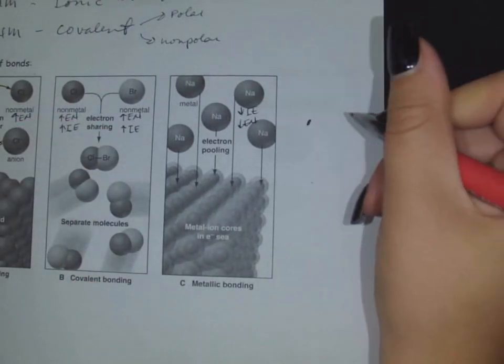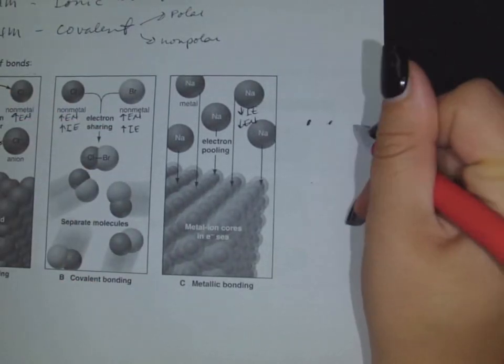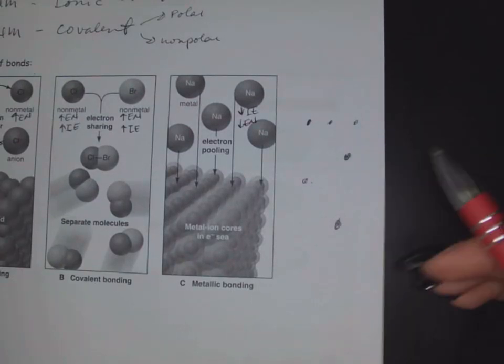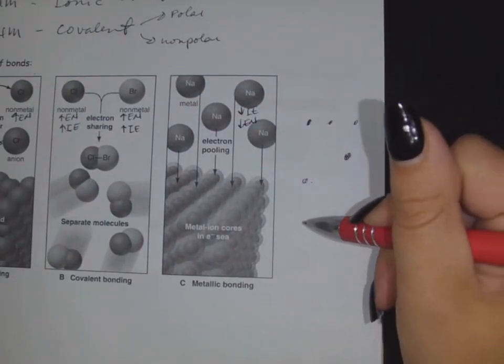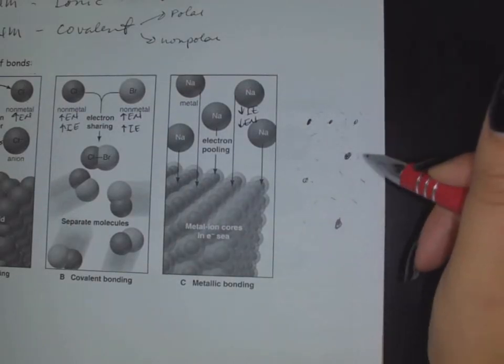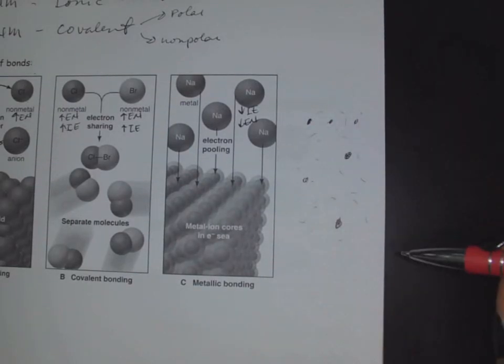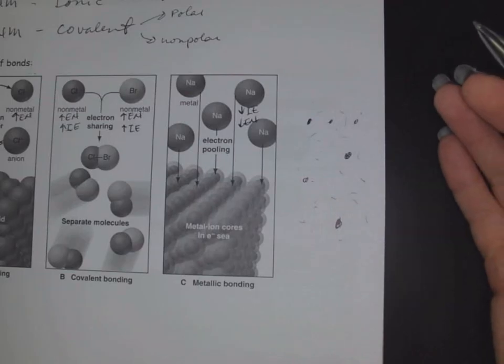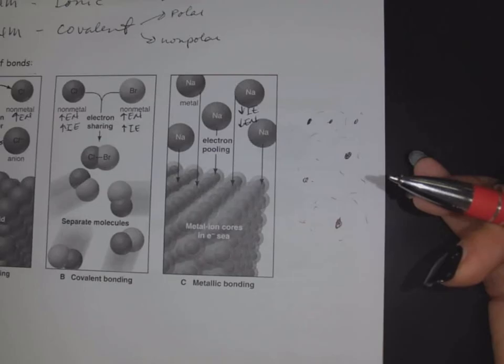Like, if these are the atoms, or really we could even say the nuclei of these metal atoms. There's the nuclei that I just drew in there. Electrons are just kind of floating around these nuclei, being passed from one to the other, and that's what a metallic bond is. And that's also why metals are malleable.